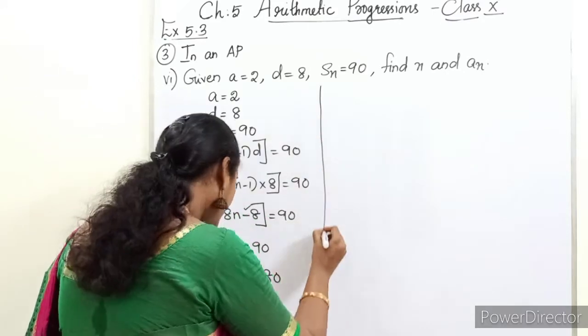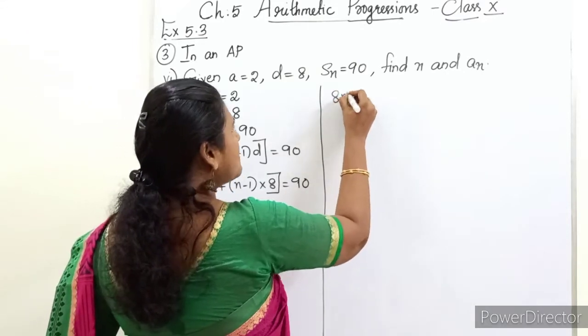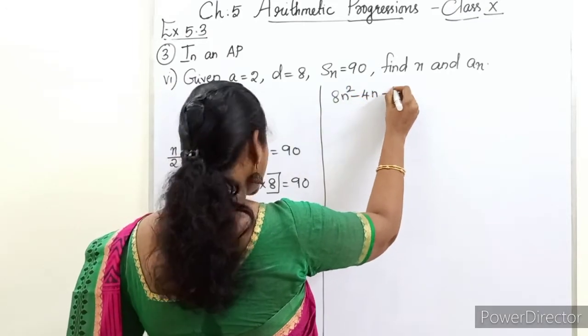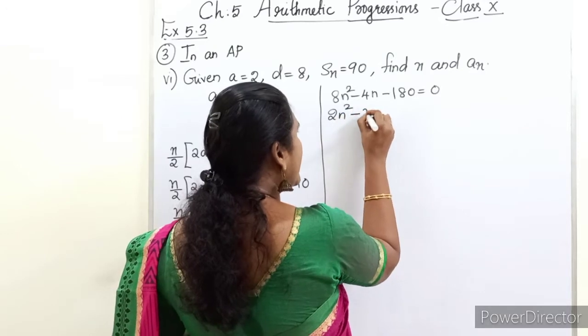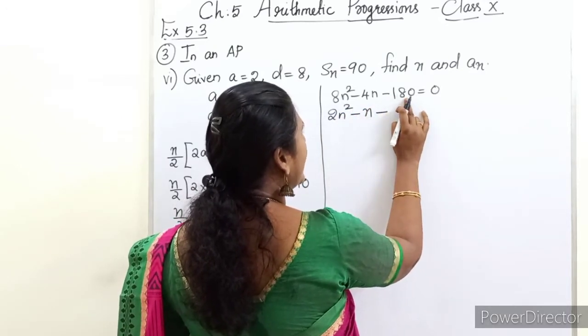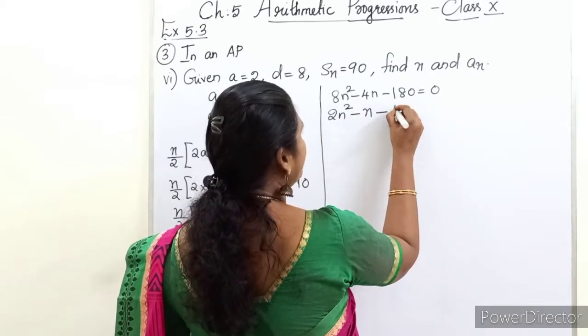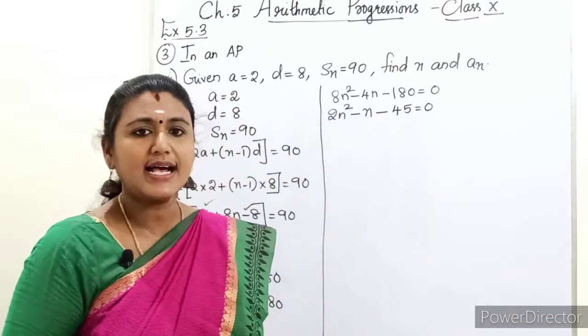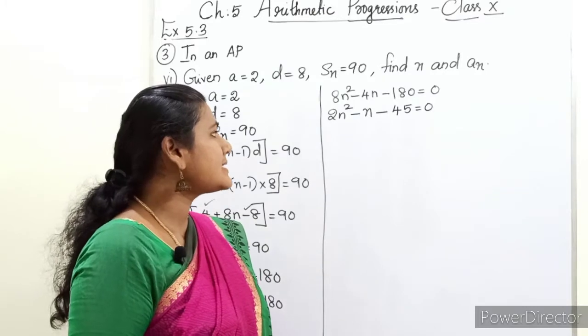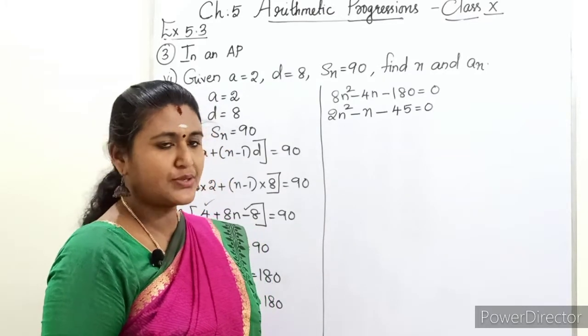So you can write 8n square minus 4n minus 180 is equal to 0. Dividing by 4, 180 by 4 is 45. So we will get the equation as 2n square minus n minus 45 is equal to 0.